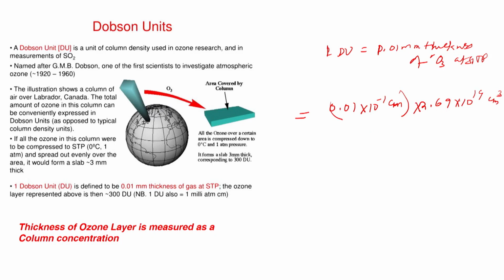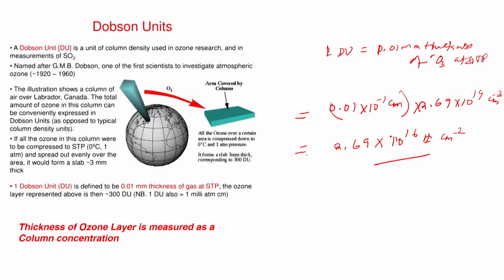So it will be 2.69 into 0.01 from there and 0.01 from there, so it will be actually 10 to the power 16 molecules per centimeter square. So this is called Dobson unit. This is very important.